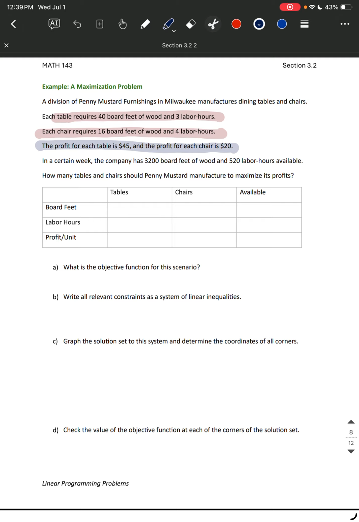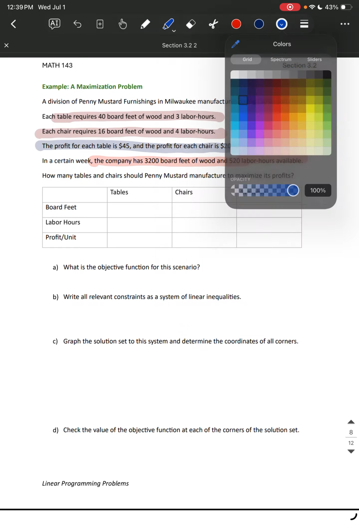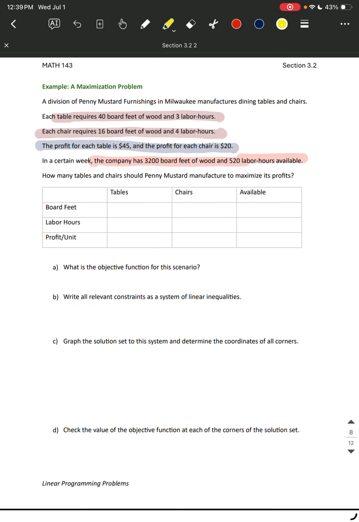In a certain week, the company has 3,200 board feet of wood and 520 labor hours available. So the question asks, how many tables and chairs would Penny Mustard manufacture to maximize its profit?